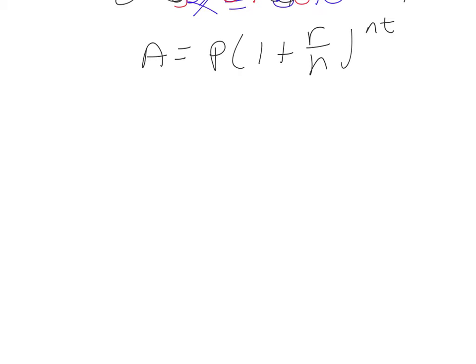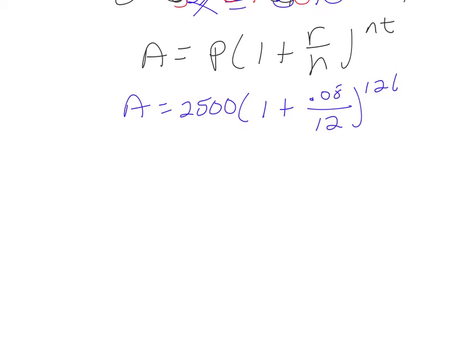All right, so we have Bill invests $2,500 at an annual interest rate of 8% compounded monthly for 10 years. What did his investment grow to? His investment is $2,500, so it's $2,500 times 1 plus the rate, 8%, so it's 0.08, over 12, since it's compounded monthly and there are 12 months in a year, raised to the 12 times 10, because we're looking for how much is in the account after 10 years.